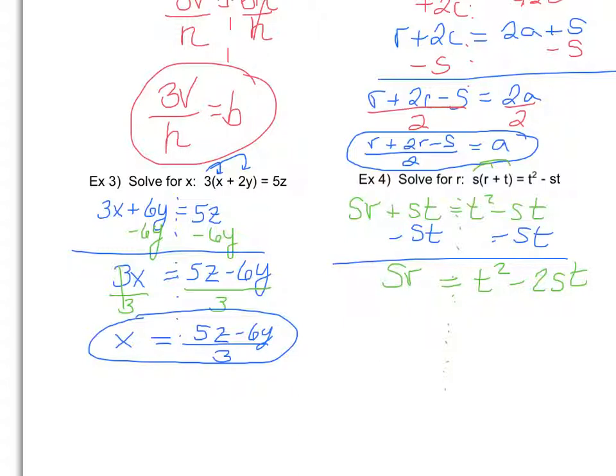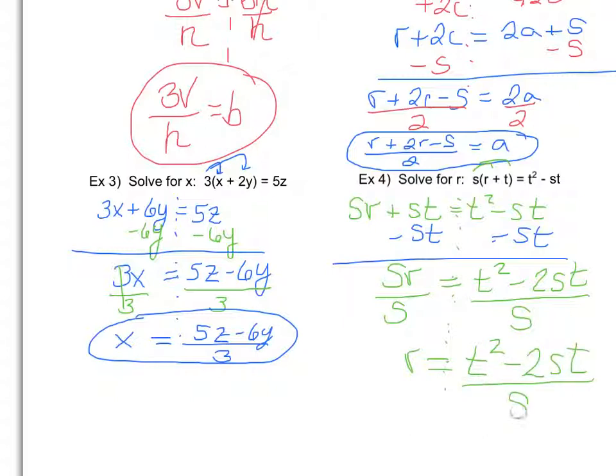And finally, if I'm trying to get r by itself, I can get rid of the s by division. Since it is s times r, remember if things are written right next to each other, it implies multiplication. And I get r equals t squared minus 2st all divided by s, and r is by itself. So that is my final answer.